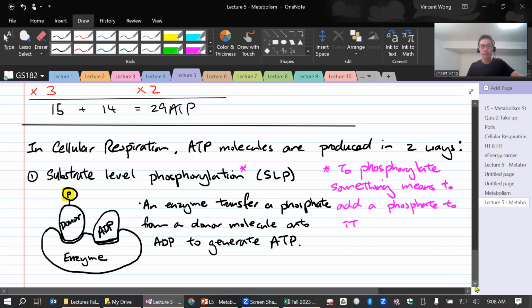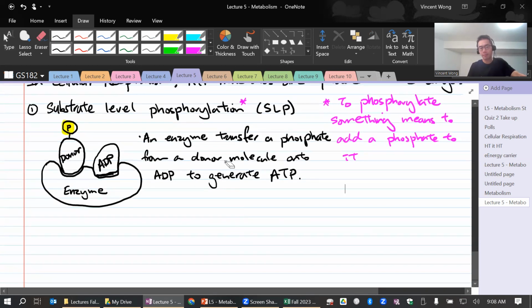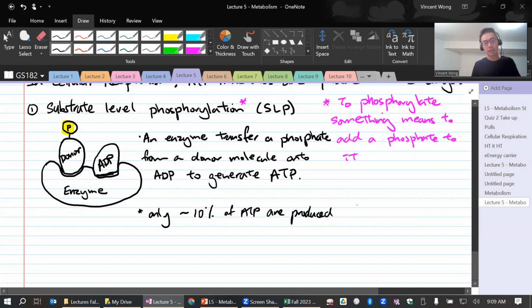All right. Now, this is not a common method, okay? Only about 10 to 11%, more like 11, but whatever, we just say 10. Approximately 10% of ATP are produced this way.